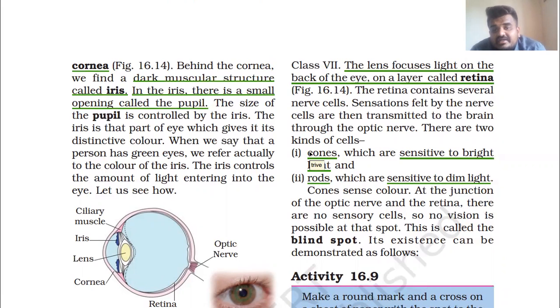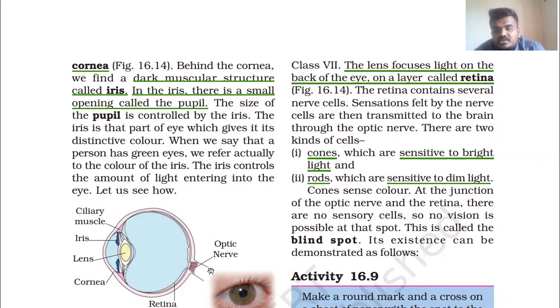The retina contains several nerve cells. Here you are given the optic nerve. Sensations felt by the nerve cells are then transmitted to the brain through the optic nerve. This optic nerve sends a message to the brain.